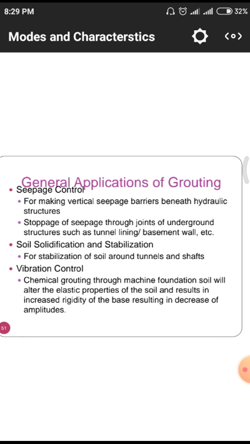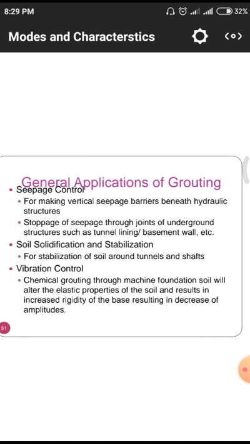First of all, for making vertical seepage barriers beneath hydraulic structures: hydraulic structures means, in our daily life, dams, canals, and water barrages. All those are hydraulic structures.